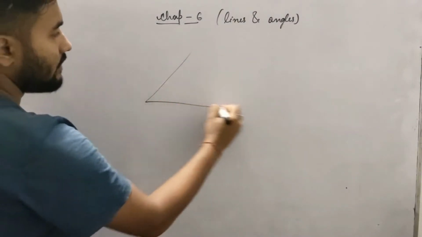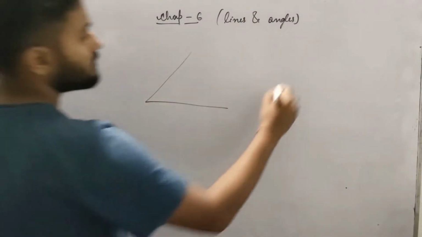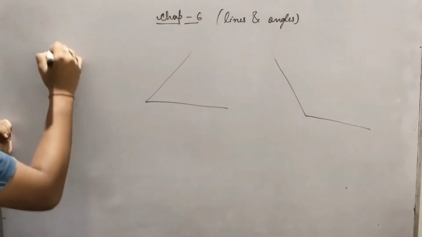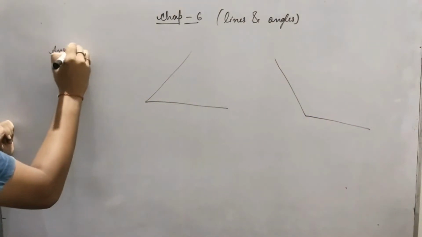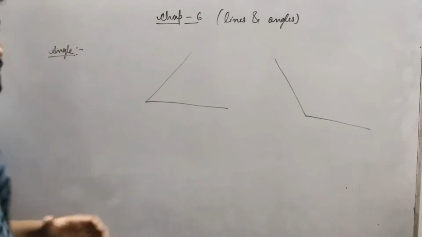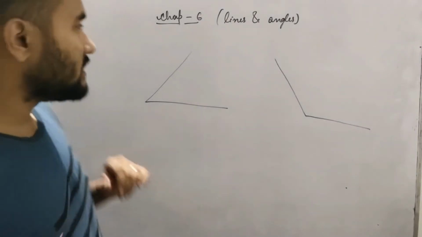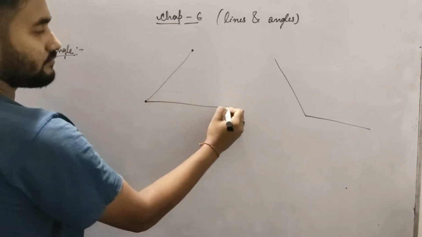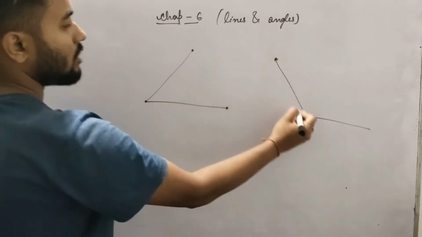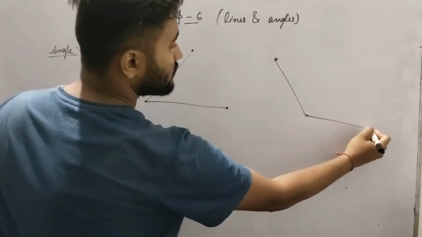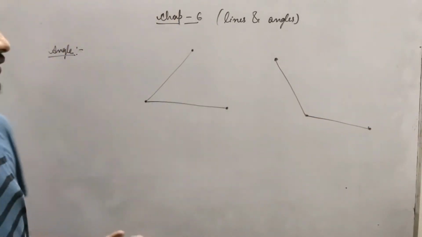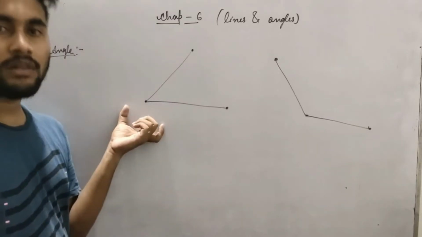The first thing for an angle to form is that we need 3 points. In a line it was 2 points, but for an angle it will always be 3 points. Then only an angle will form.